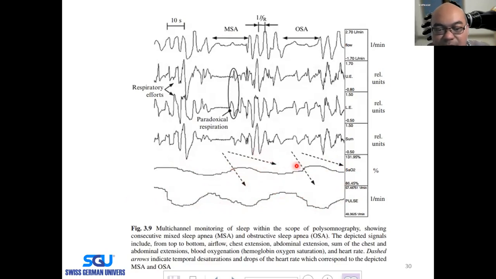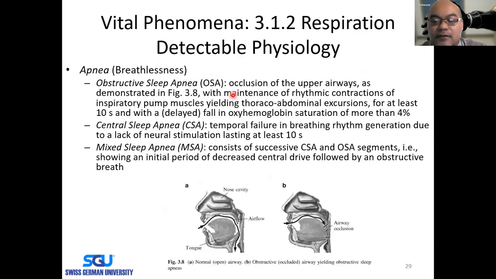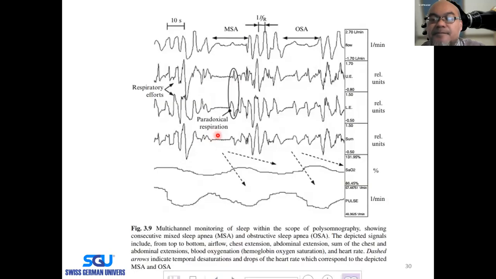The dashed arrow indicates the temporal desaturation and drop of the heart rate. Notice the heart rate drops during OSA, and also here during the OSA, which corresponds to the depicted MSA, mixed sleep apnea, and OSA, obstructive sleep apnea.